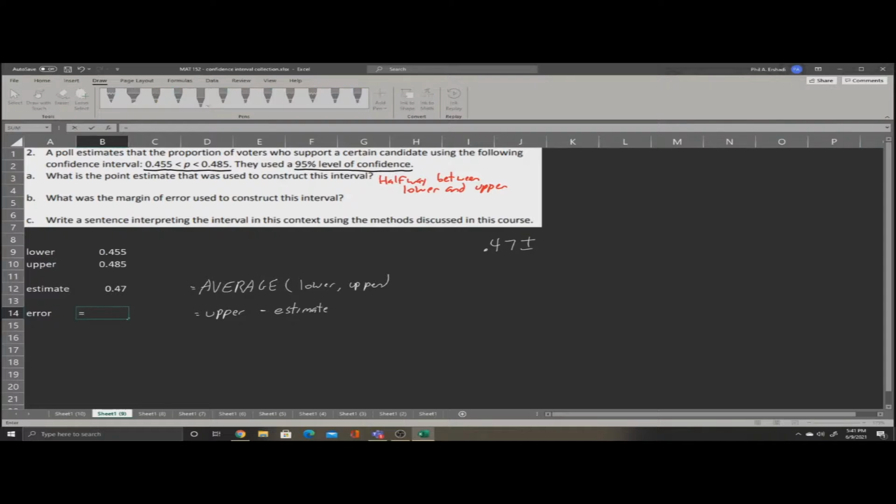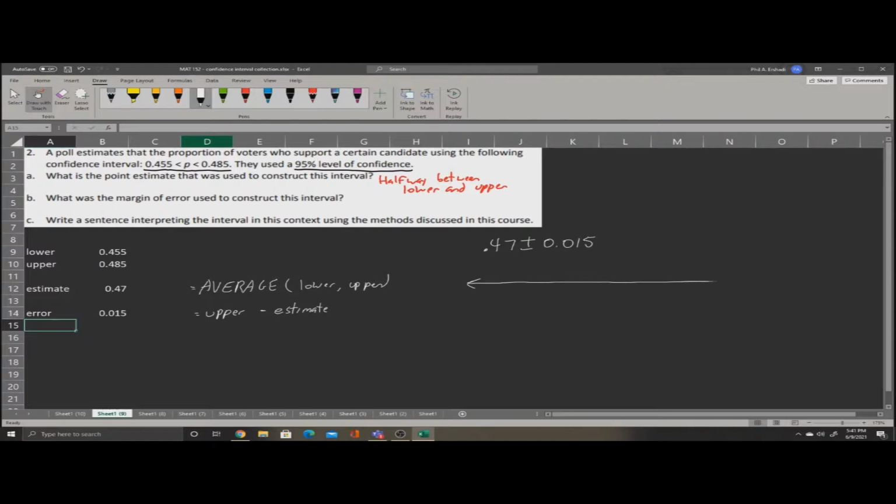So we'll say equals the upper minus the estimate. This gives us an error of 0.015. So if we wanted to continue writing this confidence interval the other way, we could say 0.47 plus or minus 0.015.